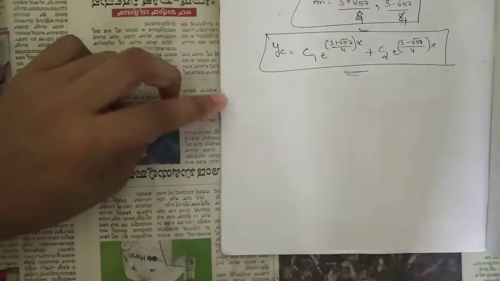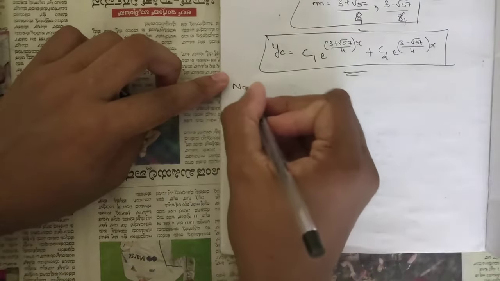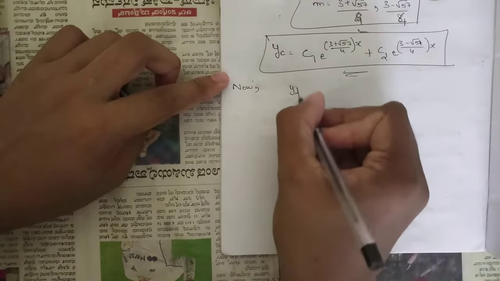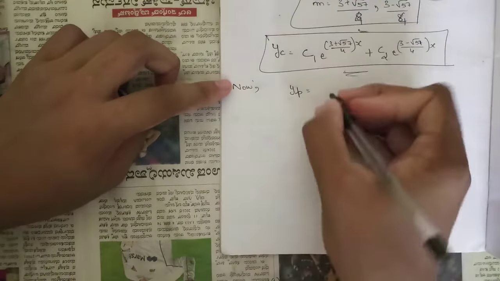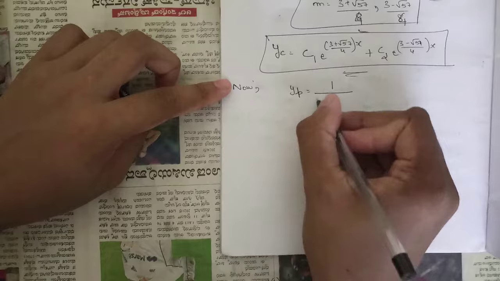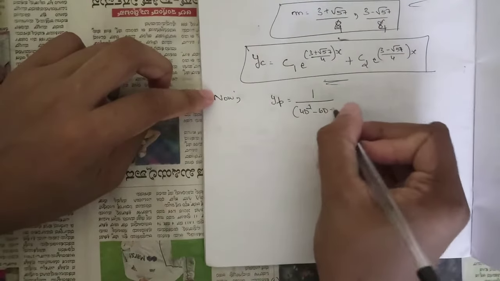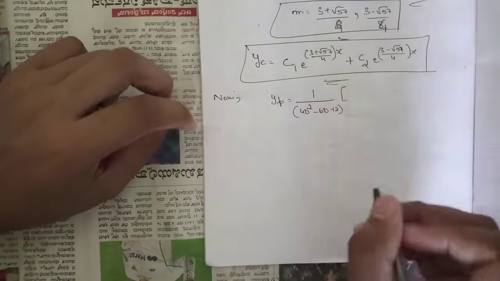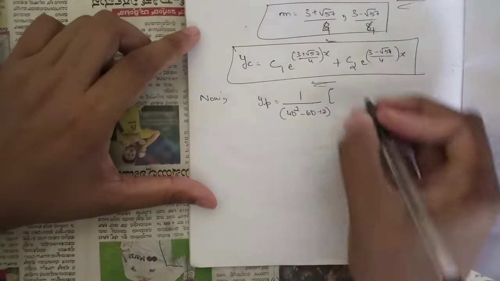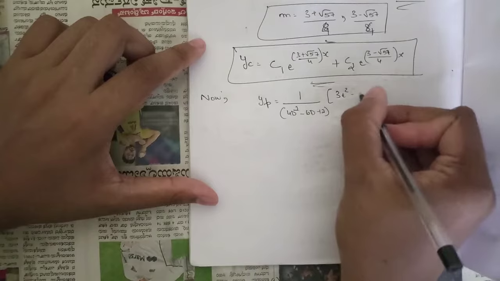Yeah, so now we are going to solve for the particular integral. It is 1 by f of D value, which is 4D square minus 6D minus 12, into R of x, which is 3 e power x minus 9.